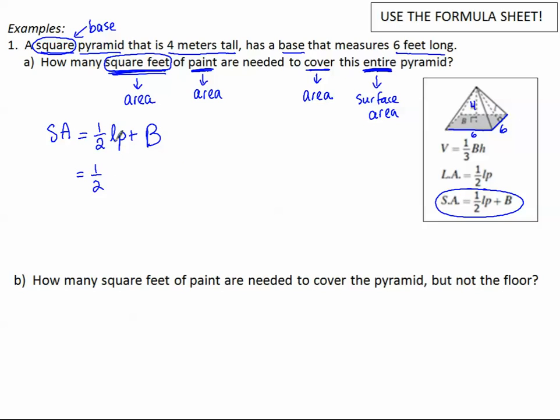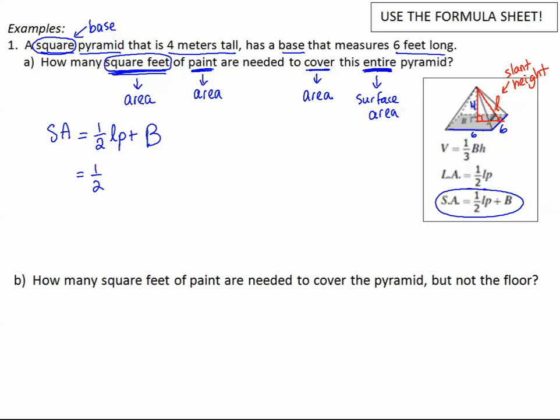We need L. Looking in the picture, the L comes down this side right here. I don't have that, because it wasn't given to me. L is called the slant height. Not that I need to know what it's called, but I need that length. If I don't have it, let's use other things we have. The height that is 4 comes down at a right angle to halfway across the base.